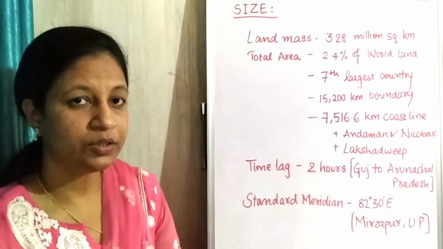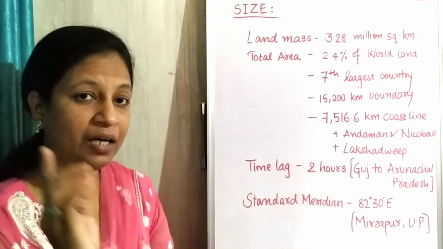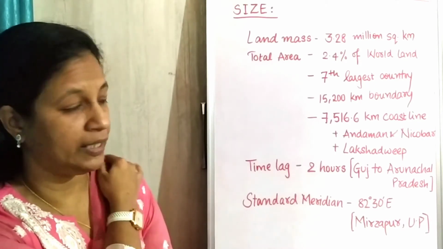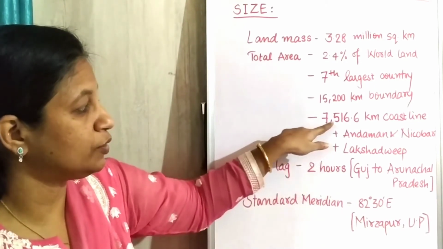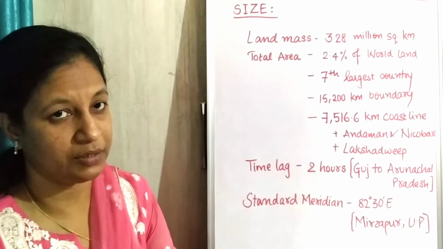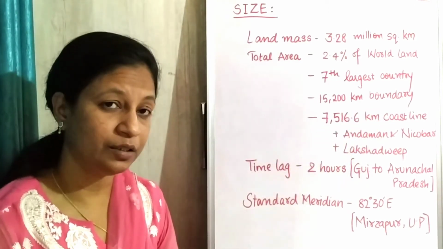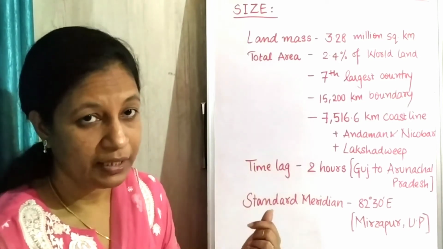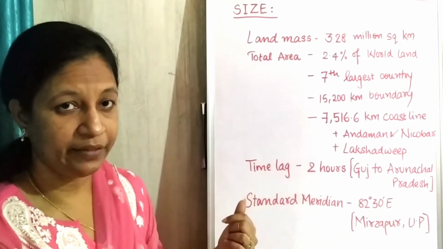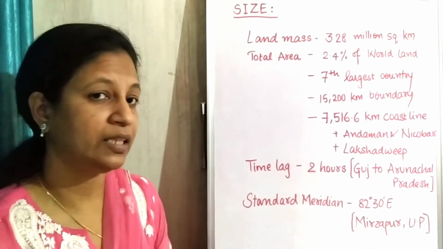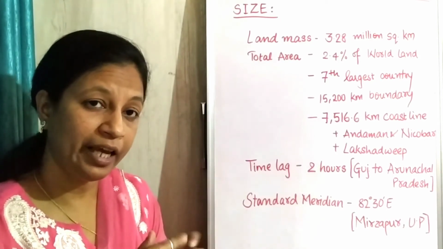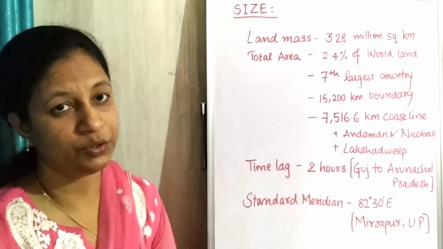When we measure this longest coastal line, it is half the total boundary of India, which is 7,516 kilometers. We have even included the Andaman and Nicobar Islands on the east side and the Lakshadweep on the west side, and even their boundaries are coastal lines for us.